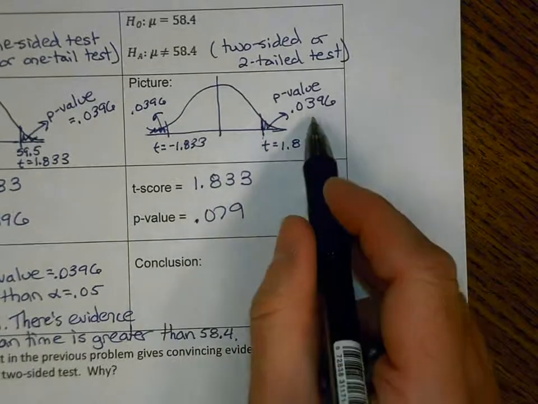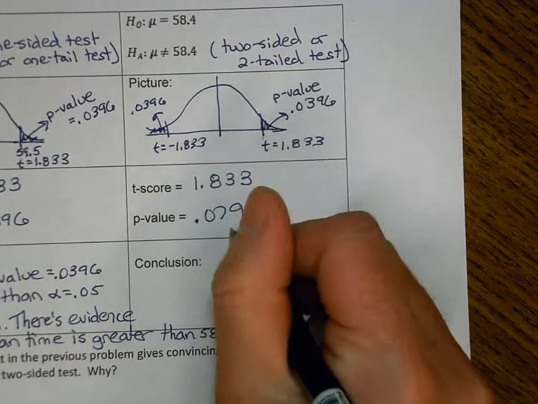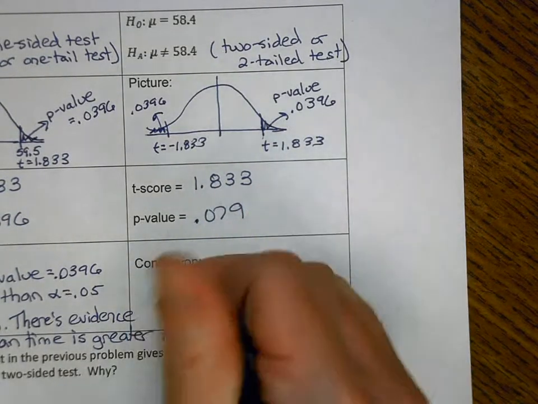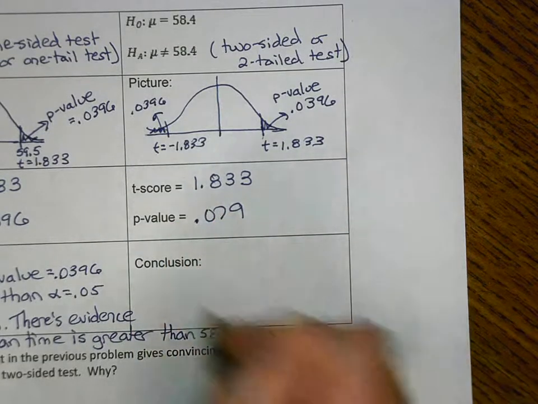So conclusion, now the combined p-value, 0.079, is larger than 0.05.